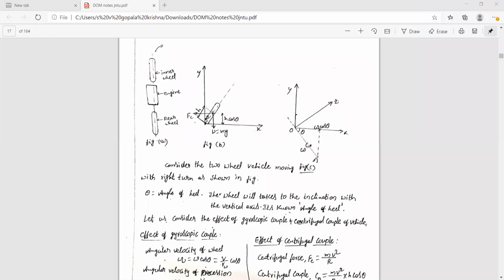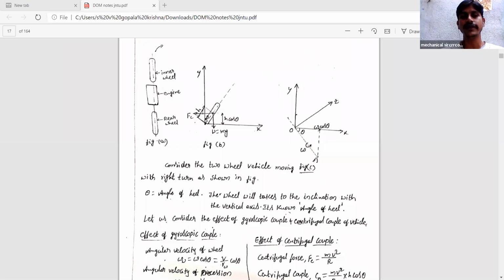And our wheel will also have some self weight, W. Actually this is considered as the total weight, W. And FC means centrifugal force. FC is the centrifugal force. And the center of gravity is also there, that is the H value.